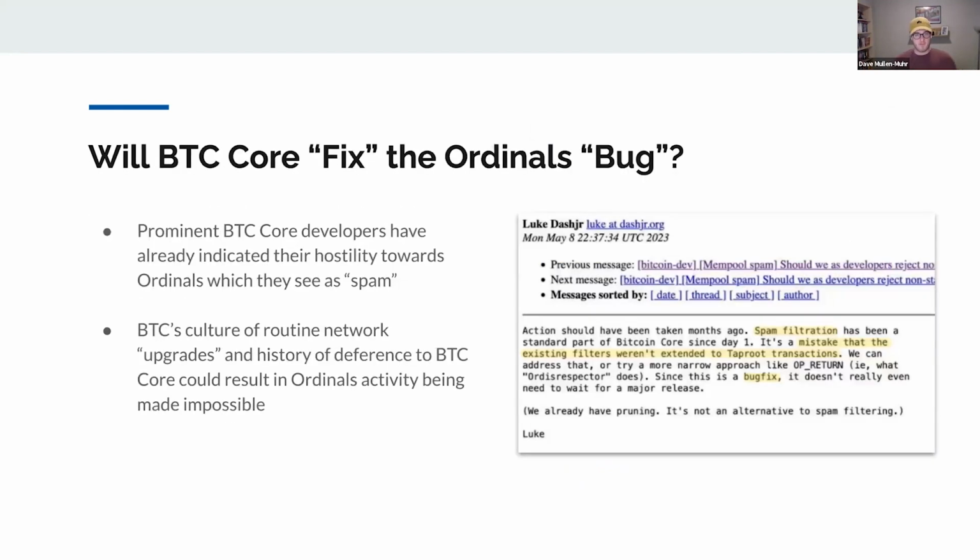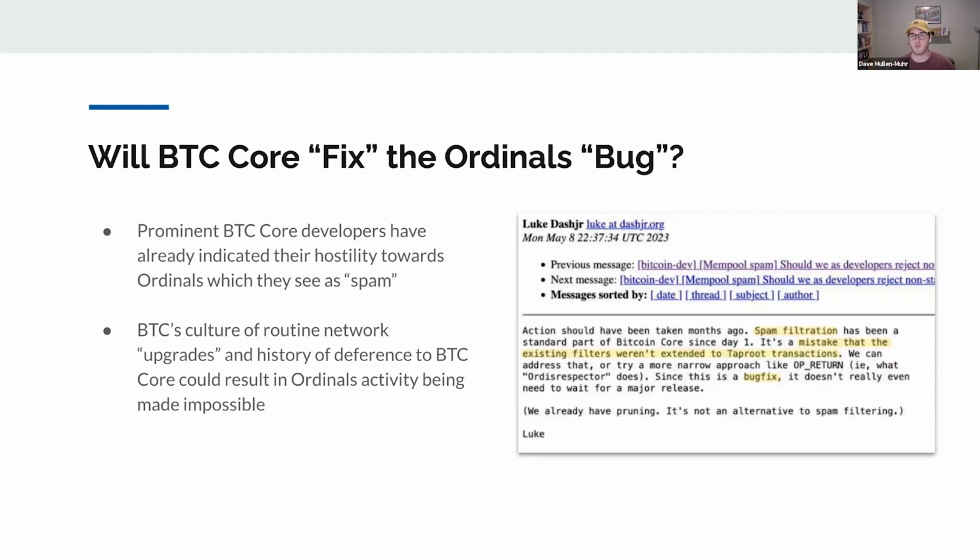On the topic of stability, the big question now, from my point of view, is whether or not BTC Core, the developer team in charge of the BTC protocol, is going to fix the bug of Ordinals. So prominent BTC Core developers have already indicated this is kind of the plan.